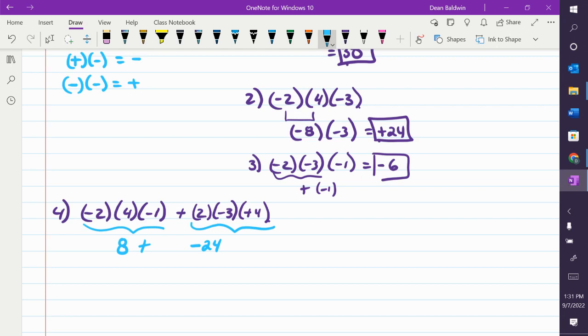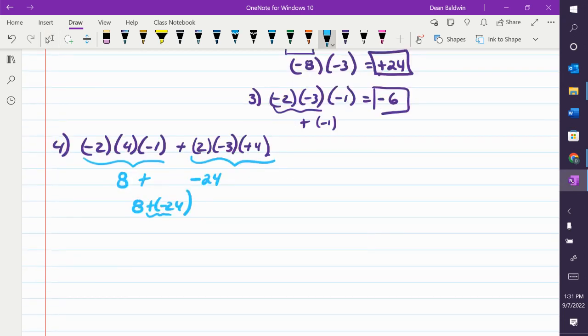All right. 8 plus negative 24. I should use smaller numbers. So what is this? Here, I'll write it when it's closer. 8 plus negative 24. What do the signs become? If one's positive and one's negative, you subtract.